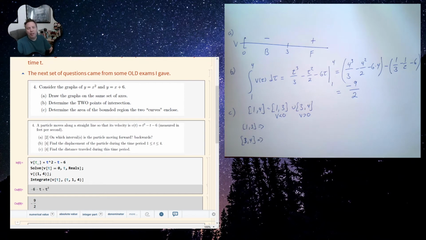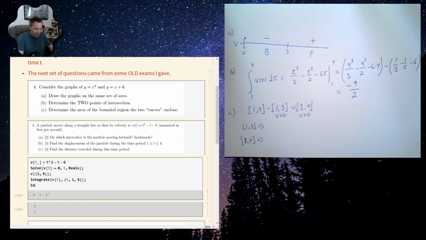I want to go back to Mathematica really quick so I can do the calculations very quickly. So again, I'm going to use the integrate command. I could do this all by hand if I want, but I'm choosing not to at the moment. I'm just saving some time here. The first thing I want to do is go from 1 to 3. And the second part, I'm going to go from 3 to 4.